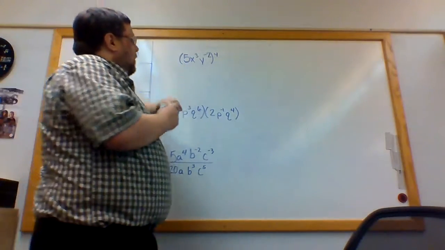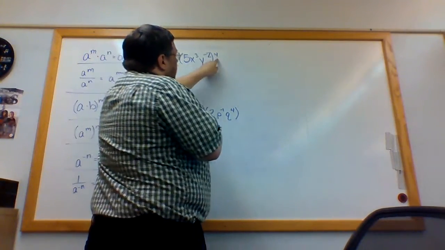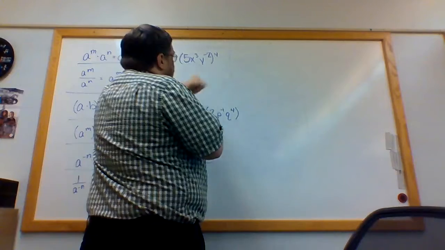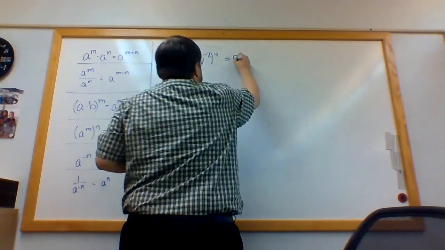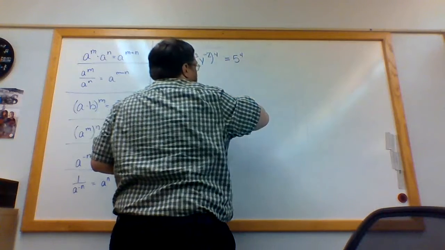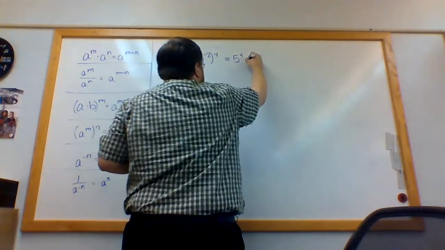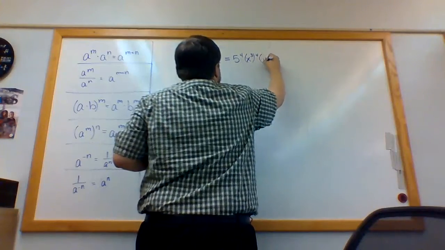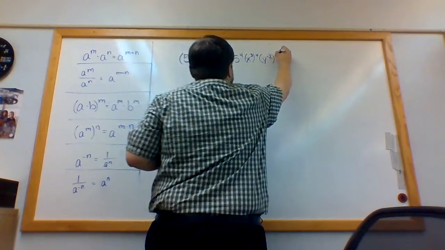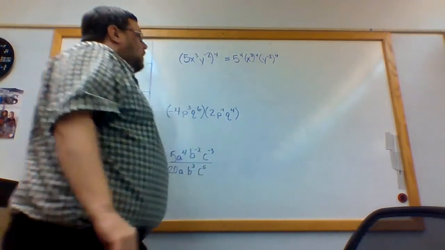So as I look at this first problem, I see that this 4 is affecting everything inside this parentheses. So as I start thinking about it, that means that the 5 is going to have the fourth power on it, and the x to the third is going to have the fourth power on it, and the y to the negative 2 gets the fourth power on it.